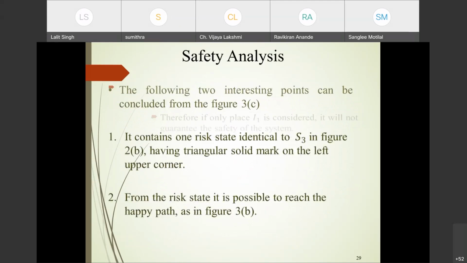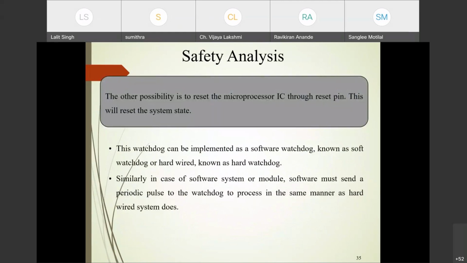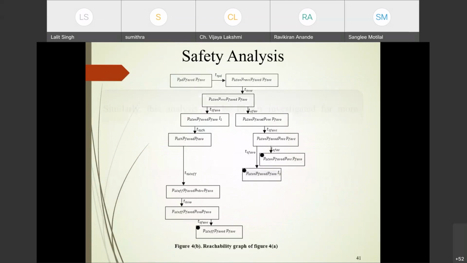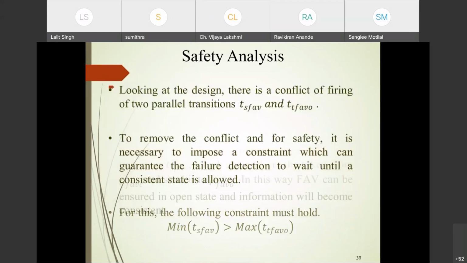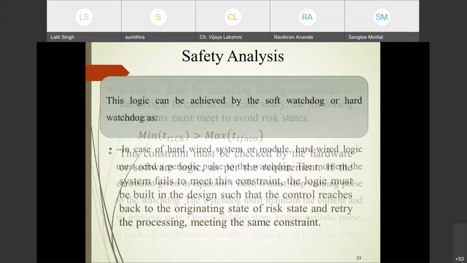And if I consider only I2, I see that there are no risky states, only the states shown with solid circles. These are only the end states. So yes, at least I can optimize my process. So this is the modeling part.